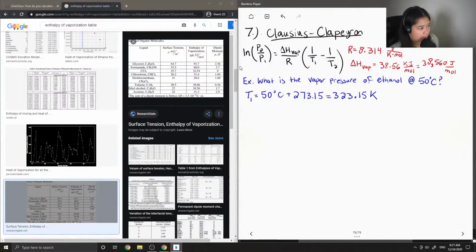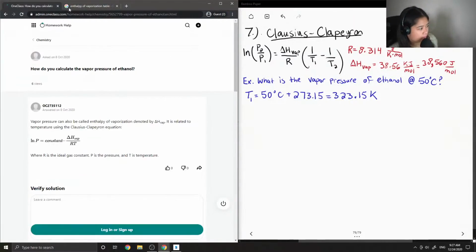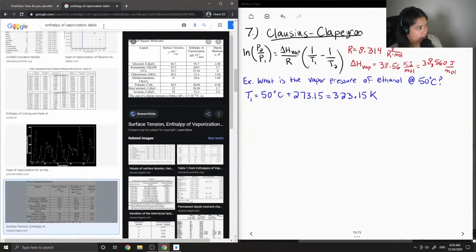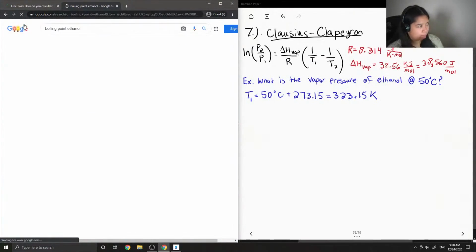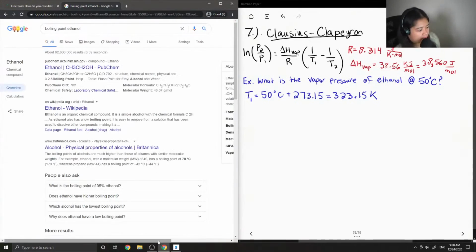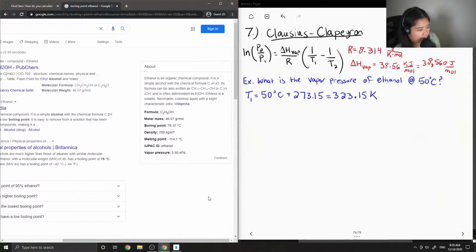And then I also want to find the boiling point of ethanol as well, since that should be given in a question. So it's around 78.4.